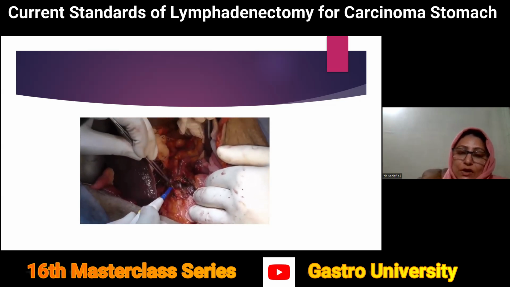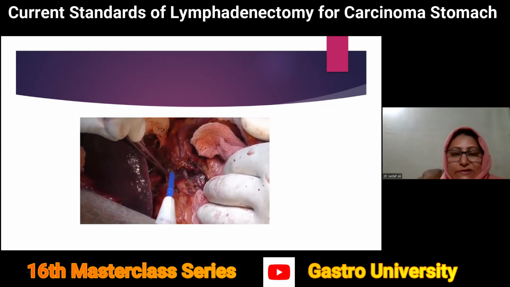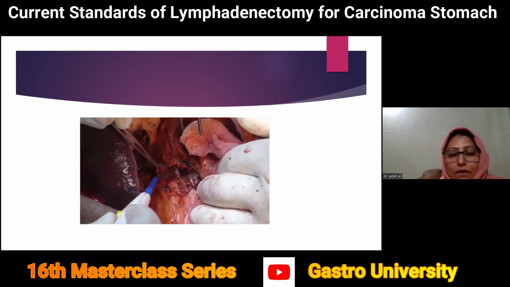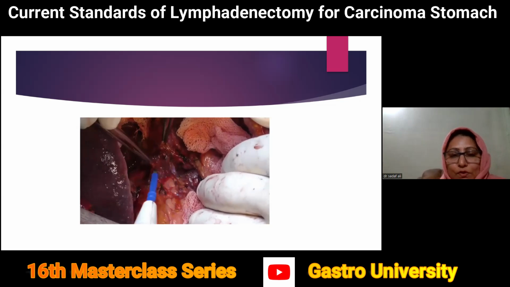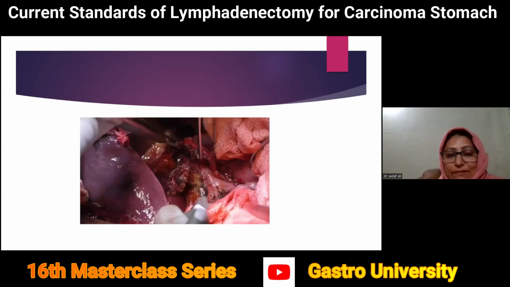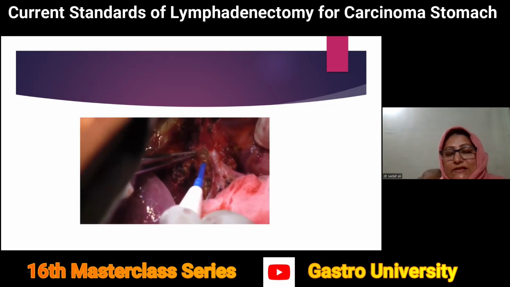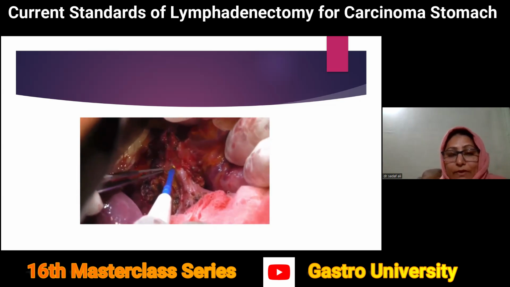On an average, as we progress doing it, and it's a state where the disease is very common, we are not restricted to 16 nodes. Usually on an average we get 25, 28 lymph nodes in a specimen. So the staging is quite adequate if the lymphadenectomy is done in an appropriate and proper way.